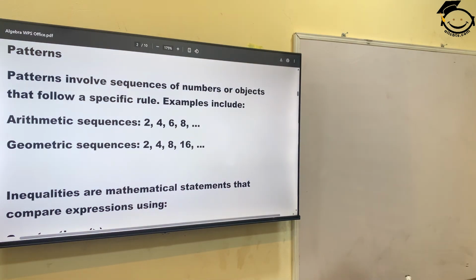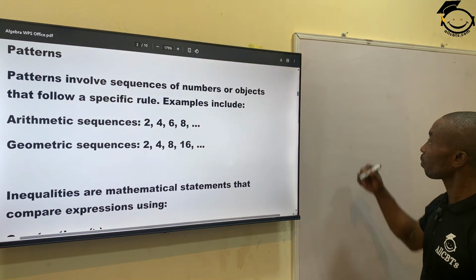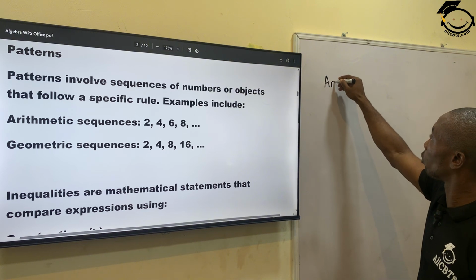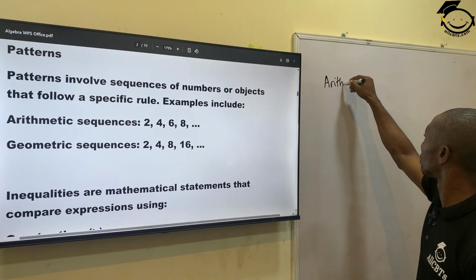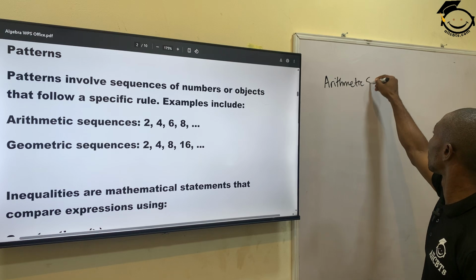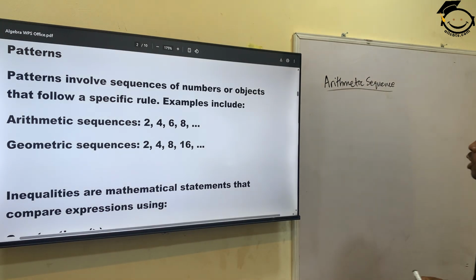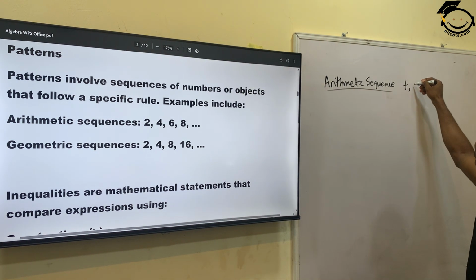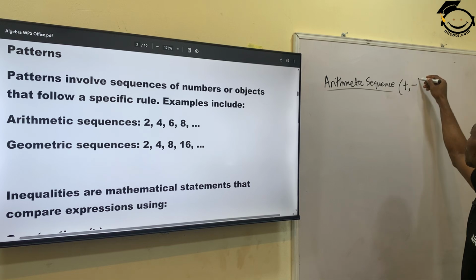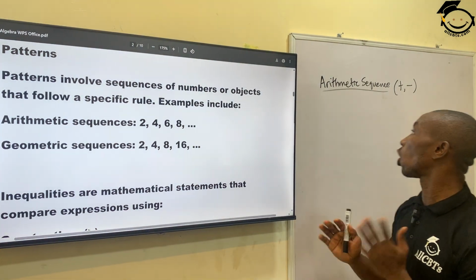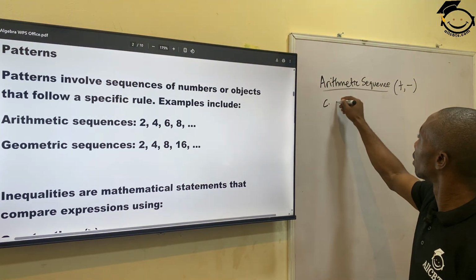Arithmetic sequence, or arithmetic progression, deals majorly with addition and subtraction. Now we have what we call the common difference.